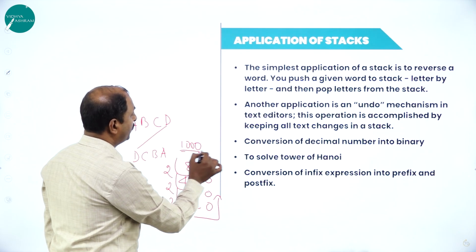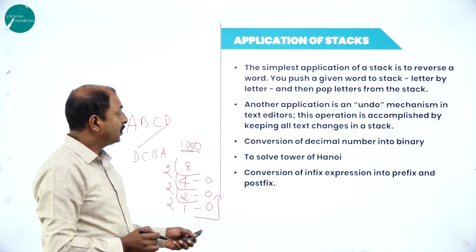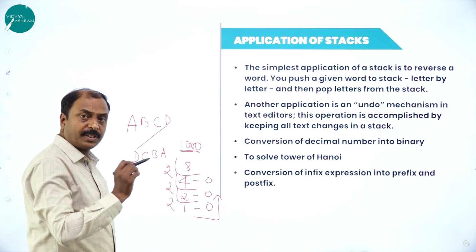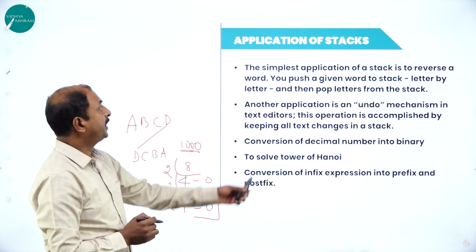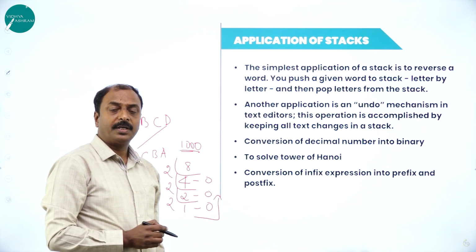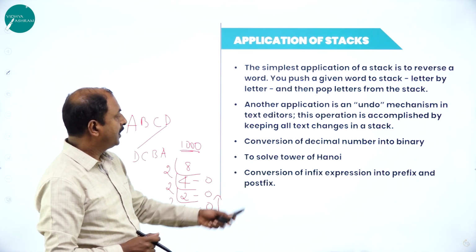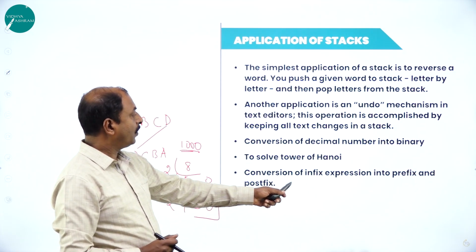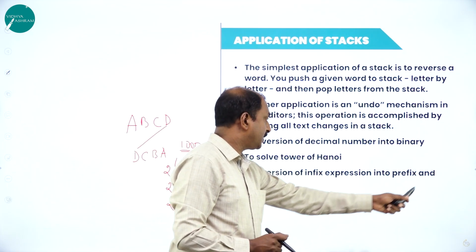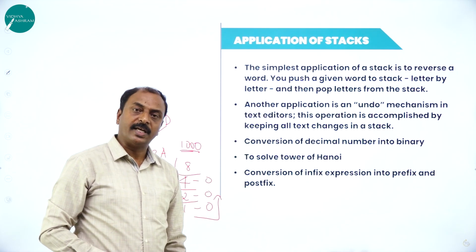This is how we store the answer for decimal to binary conversion, keeping the answer from the last remainder. So this is an application of stack. Another example is to solve Tower of Hanoi, a game, and conversion of infix expression into prefix and postfix expression is another application of stack.